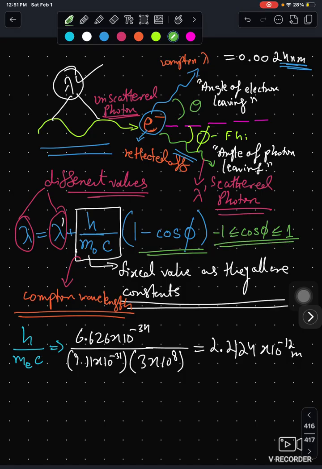And since we're talking about only cos phi, not 1 minus cos phi, when we include 1 minus cos phi, it becomes between 0 and 2, more than 0 and less than 2. This is what it actually is for 1 minus cos phi.